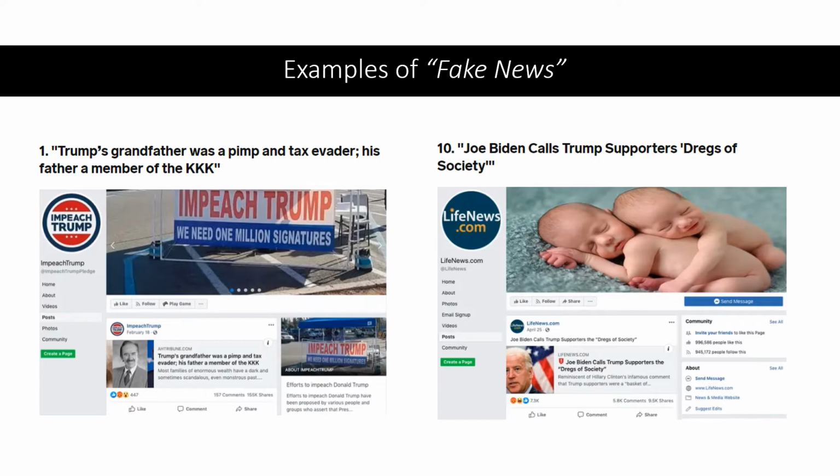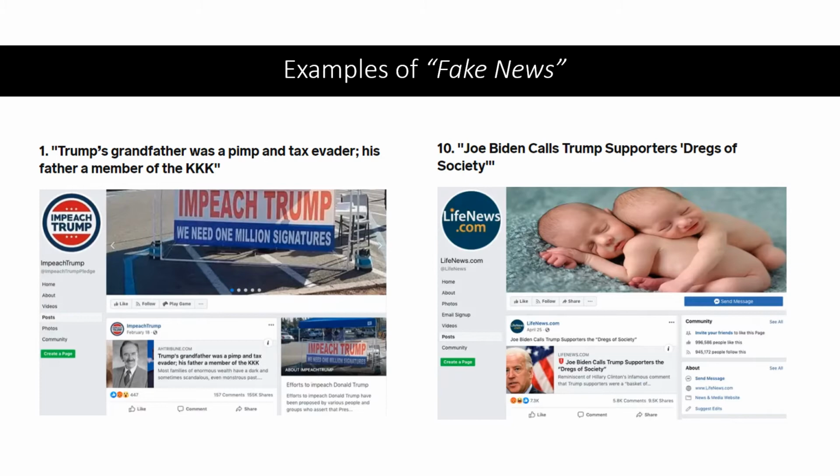And he does talk about dregs of society, but it's in the context of those who attack the LGBT community. He says there's a small percentage of the American people, virulent people, some of them the dregs of society. Nowhere in there does he mention Trump supporters, and instead is focusing on those who attack the LGBTQ community.